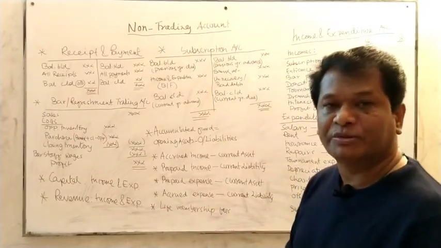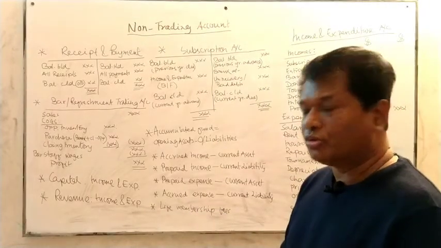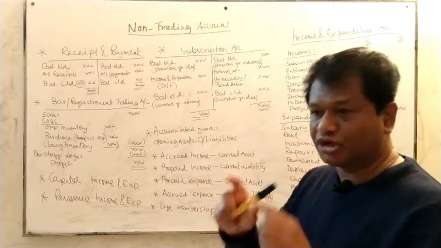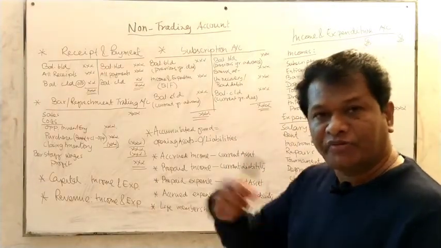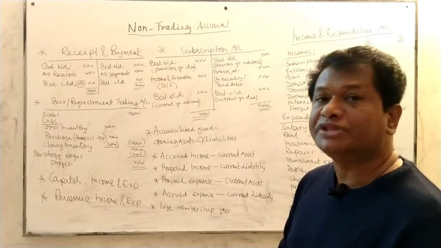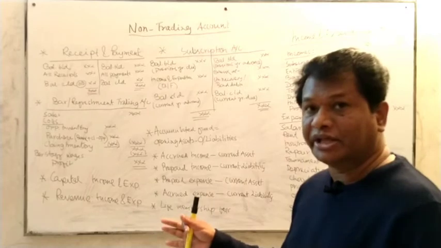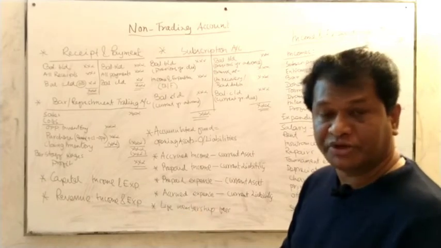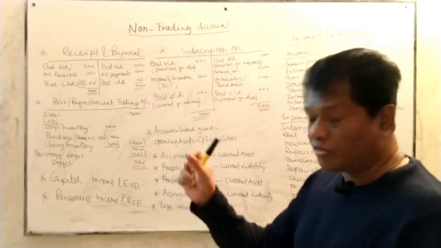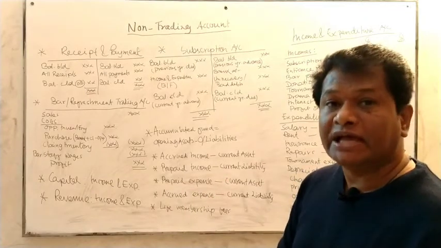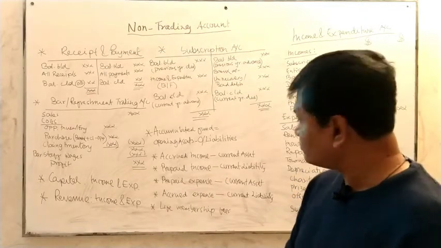So you have to divide by 10 years. The total amount is to be divided by 10. The figure you got is to be written as revenue income. That is, the 10 year subscription divided by 10 gives 1 year subscription, and that 1 year subscription is to be written as revenue income.